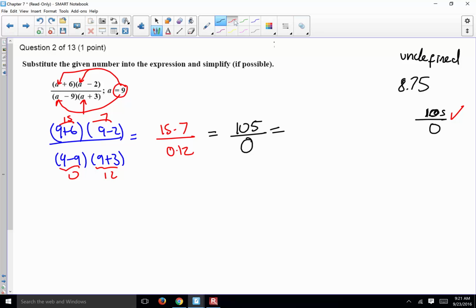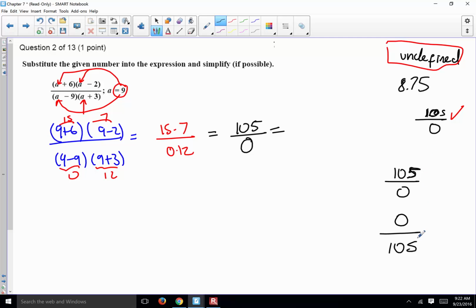which is this word, undefined. Okay, here is the situation happening. If you have 105 on the top and 0 on the bottom, and 0 on the top and 105 on the bottom, one of them in real life makes sense, the other one is impossible.